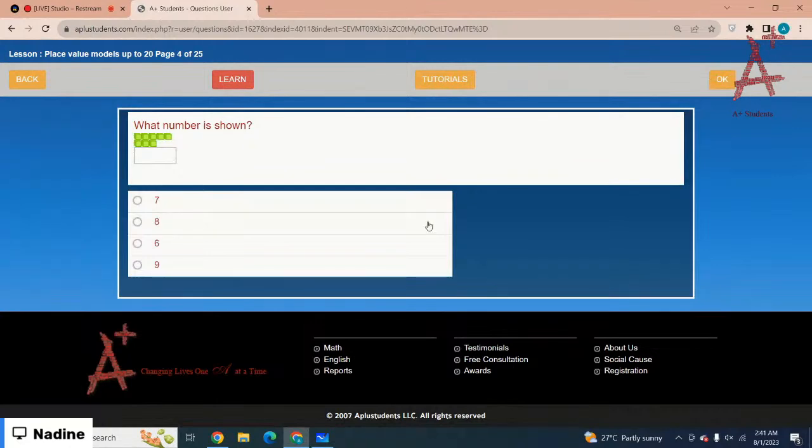What number is shown? Just count by one. So you have one, two, three, four, five, six, seven, eight. That means the correct option is eight.